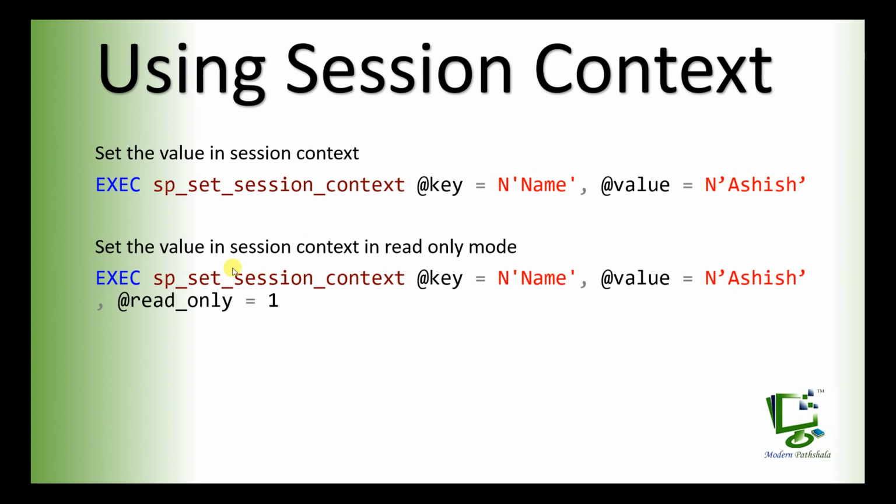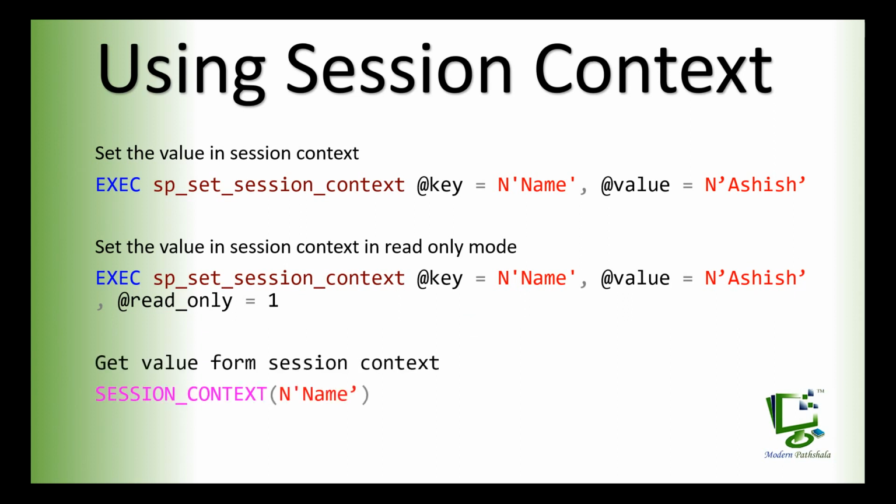We can also specify whether the value stored inside the session context can be overridden by another instance or not, by passing read_only equal to 1. If we specify read_only equal to 1, then the value stored inside the session context cannot be overridden by any other instance.